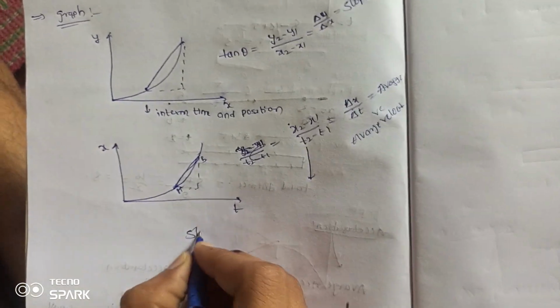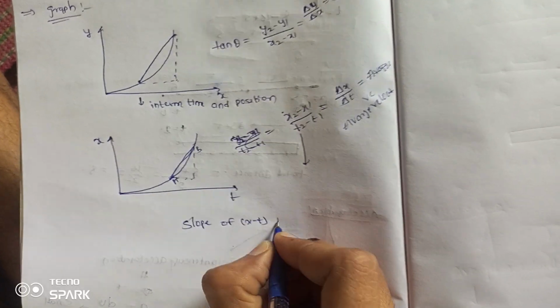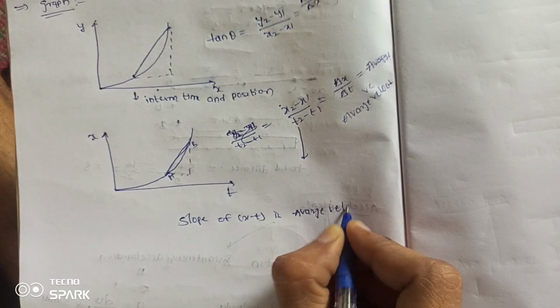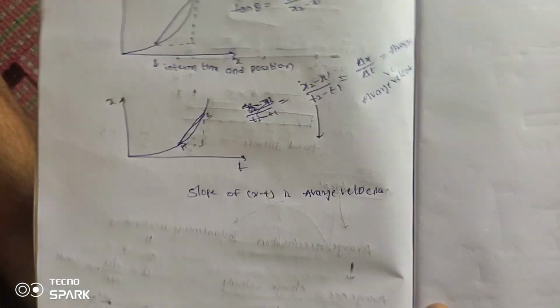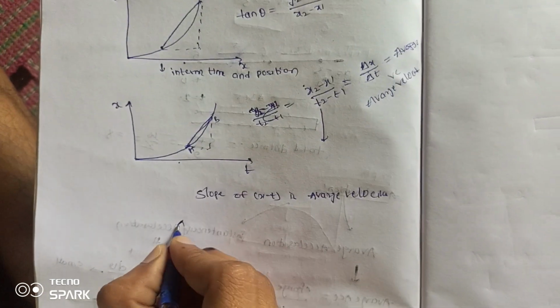I will explain again. The slope of the xt graph is the average velocity. I will draw again.